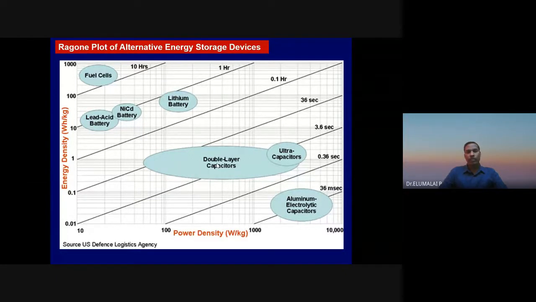If the intended application requires 10 kilowatts of power, maybe for 1 minute, neither a battery nor a fuel cell will be able to supply that much power. It is going to be your EDLC or redox capacitor.